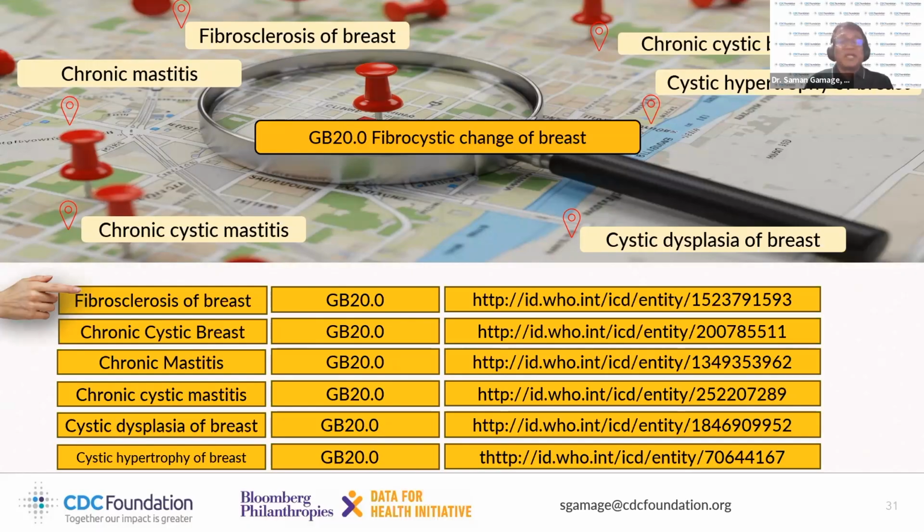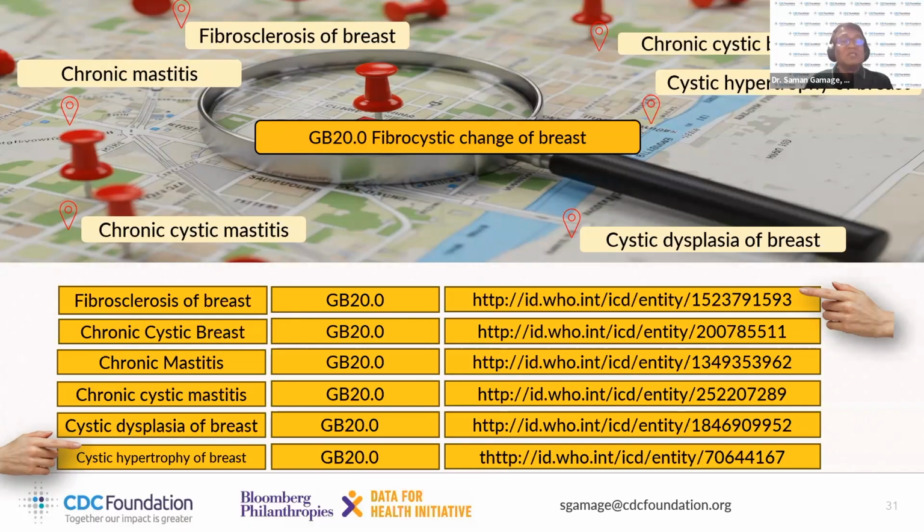As you all can see on this screen, fibrosclerosis of breast, the code is GB20.0, but there is a specific entity address or uniform resource identifier. Chronic cystic breast, the same ICD-11 code, but a specific entity address. Chronic mastitis, chronic cystic mastitis share the same code, dysplasia of breast, cystic hypertrophy of breast, the same code, GB20.0.